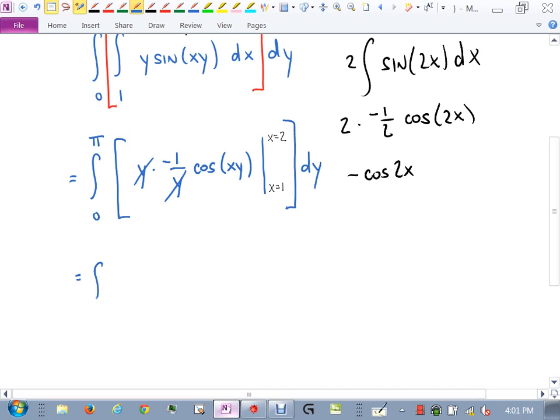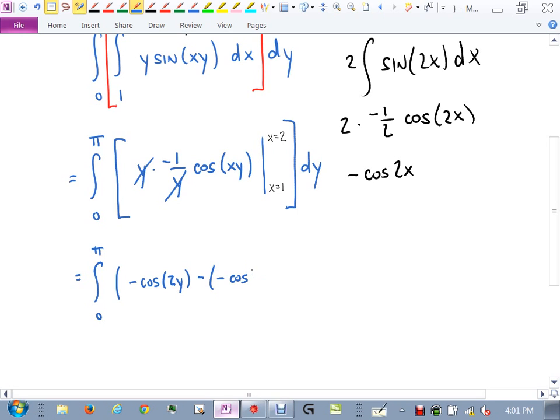So plug in 0 to pi. Let's see, if we plug in 2 for x, we get negative cosine 2y. And then we subtract from that negative cosine of what?